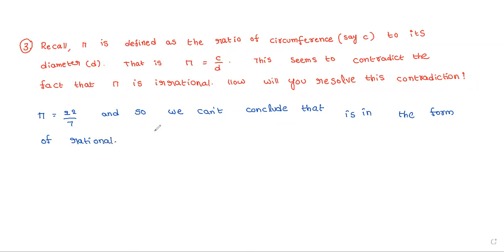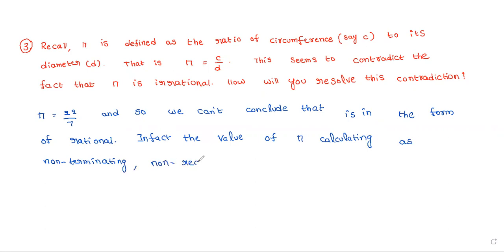In fact, the value of pi, calculating as a non-terminating, non-recurring decimal, pi is equal to 3.14159 and so on.